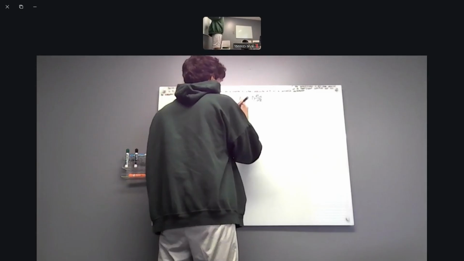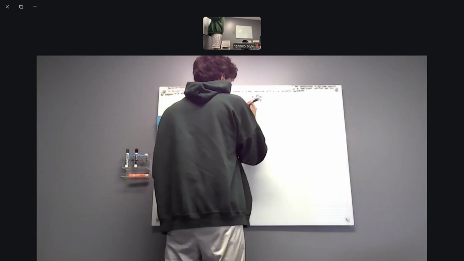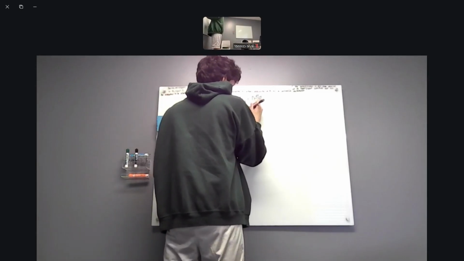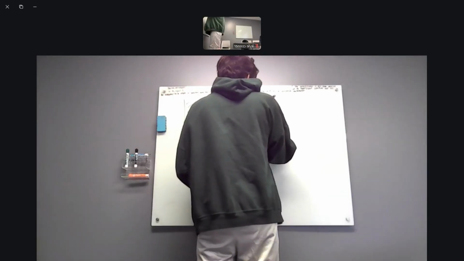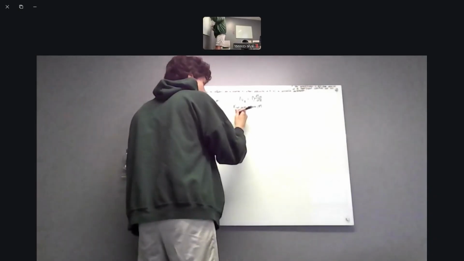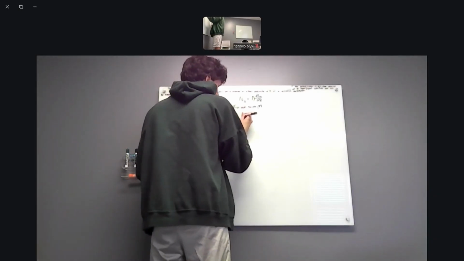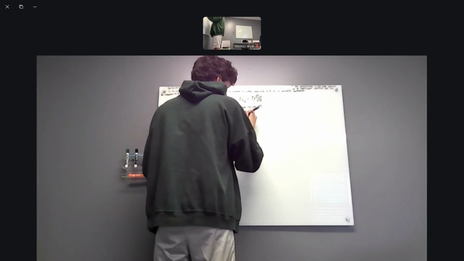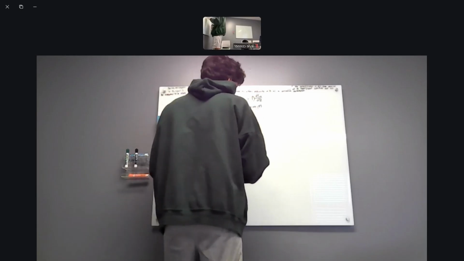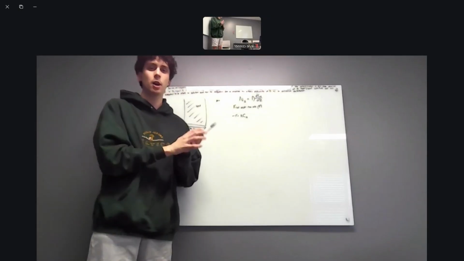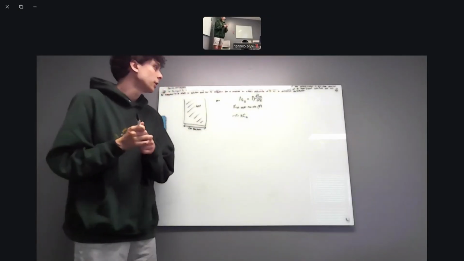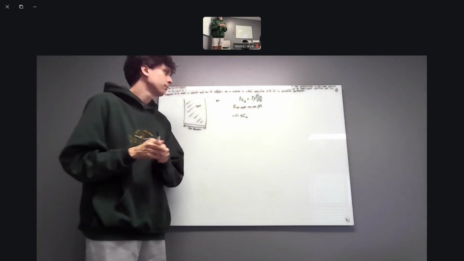Additionally, we have our first order reaction rate R, and that's going to be important here. So we have negative R, and that's going to be equal to K times our concentration of A. The reason that this is negative is that concentration flows from high concentration to low concentration, so that needs to be negative.